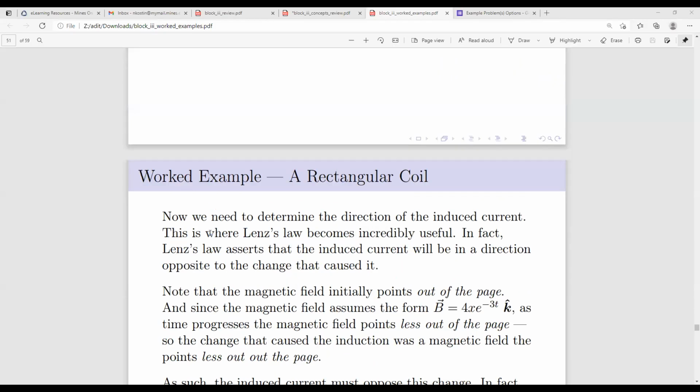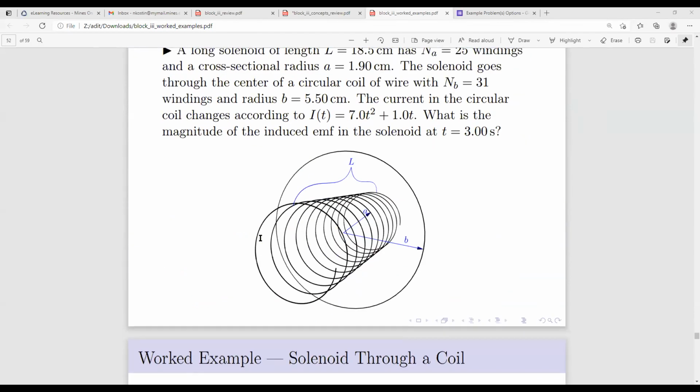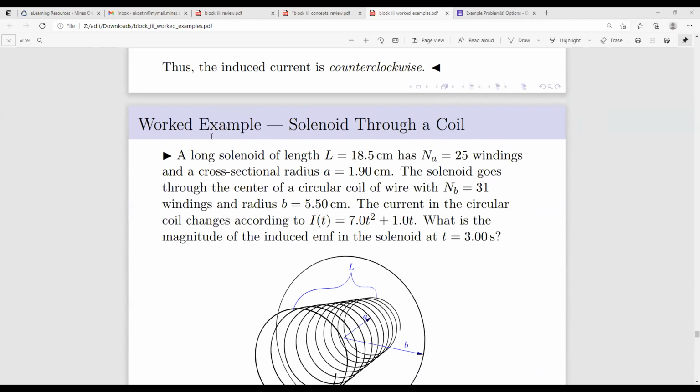Cool. So let's do an inductance problem. Okay. Let's do this one, the solenoid through a coil.